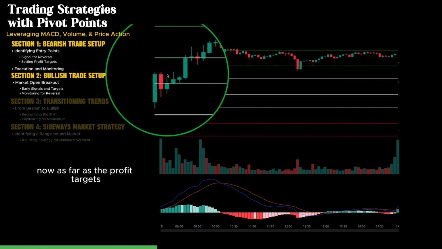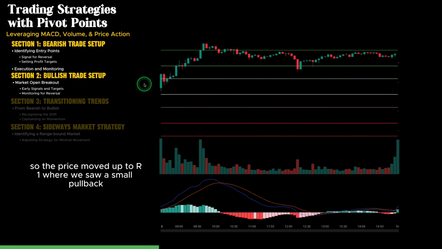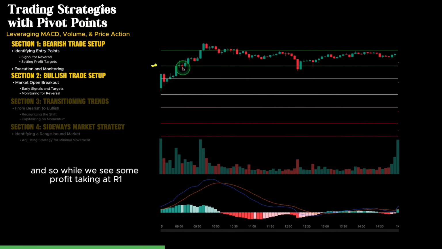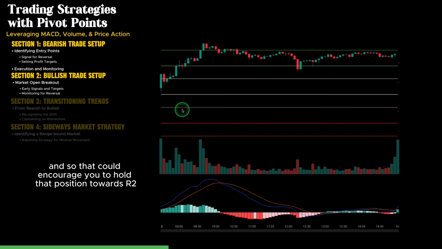Now, as far as the profit targets, the price moved up to R1 where we saw a small pullback. While we see some profit taking at R1, which is a valid approach, we still see that bullish momentum, and that could encourage you to hold that position towards R2.